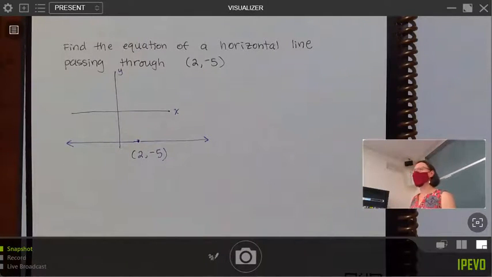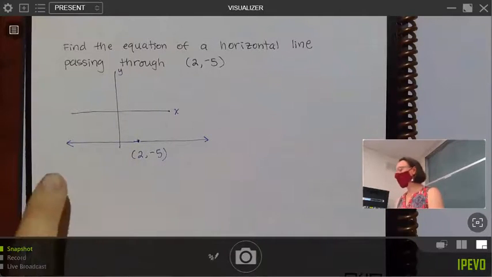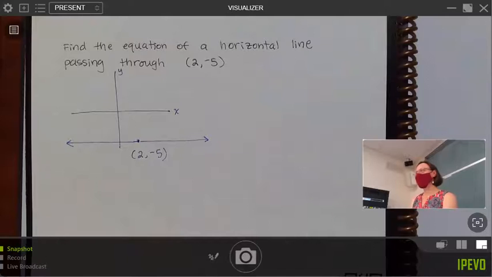I've only given us one point, but we can get any other point on this line that we want to because we know it's horizontal. So that's the point 2, -5.